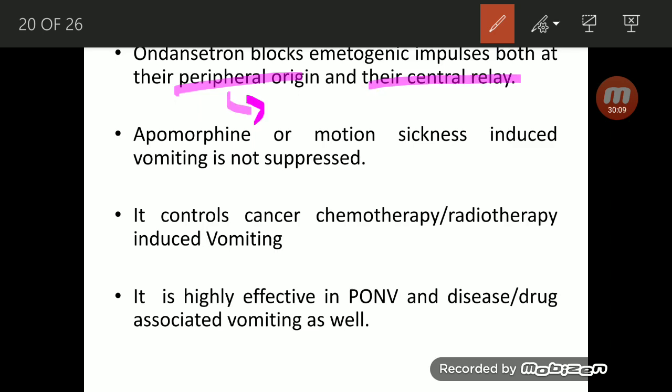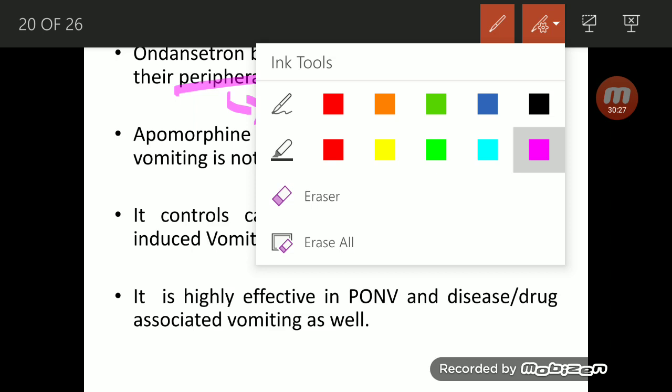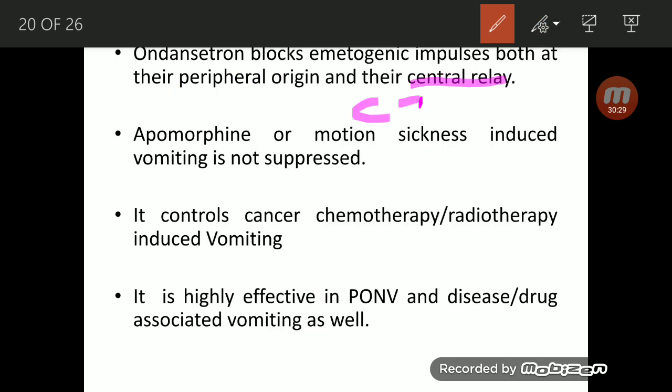Peripheral, because the gastrointestinal tract has 5-HT3 receptors, and whenever there is damage to cells in the gastrointestinal tract, serotonin is liberated and activates the 5-HT3 receptors. In the central relay, you have the CTZ as well as the STN, and both have 5-HT3 receptors. So if the 5-HT3 receptors in the CTZ and STN are blocked, you block the impulse.